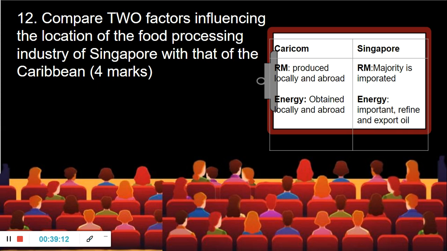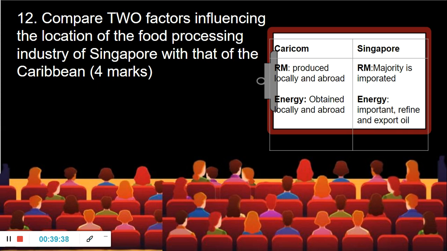For Singapore, a similar situation exists. Again, just like for the raw material, they import their energy. But we have to make this point very clear. Singapore has a well established oil refining industry.